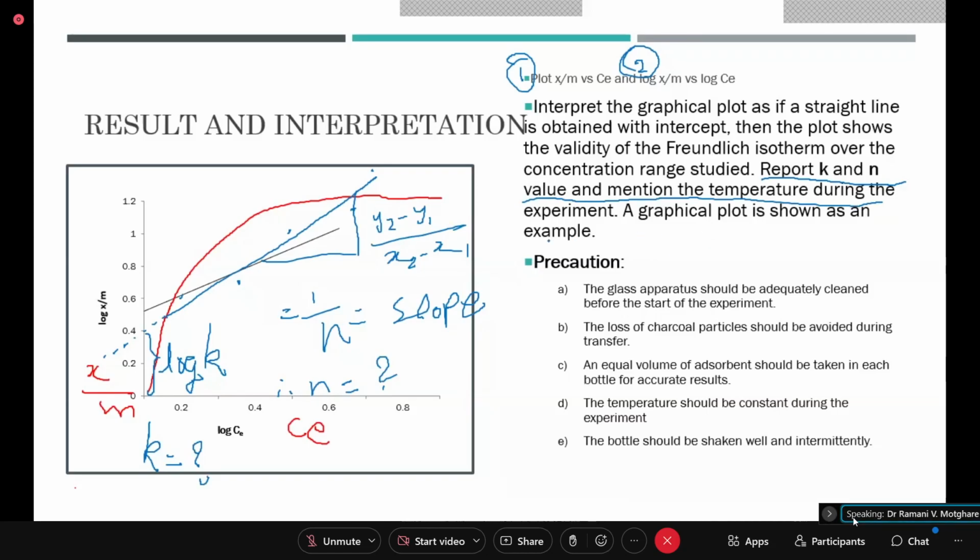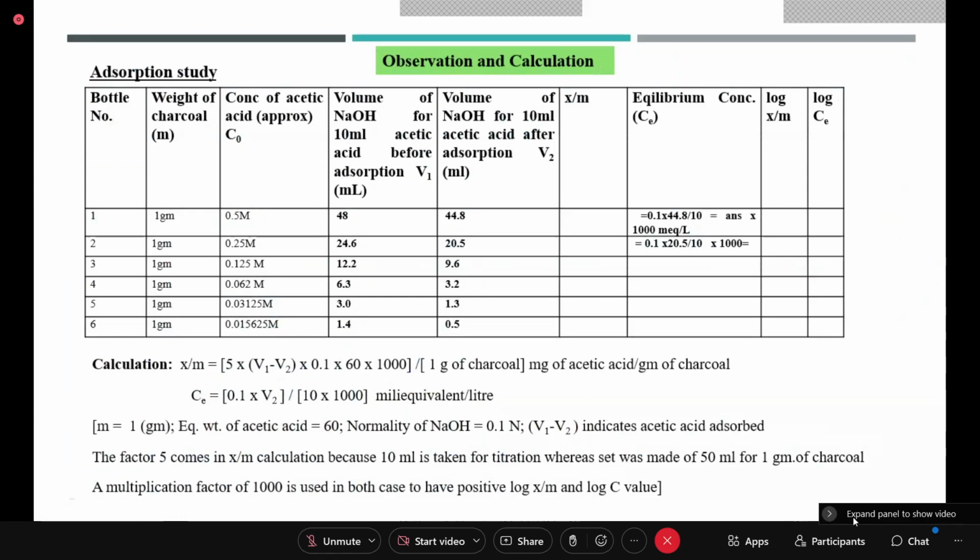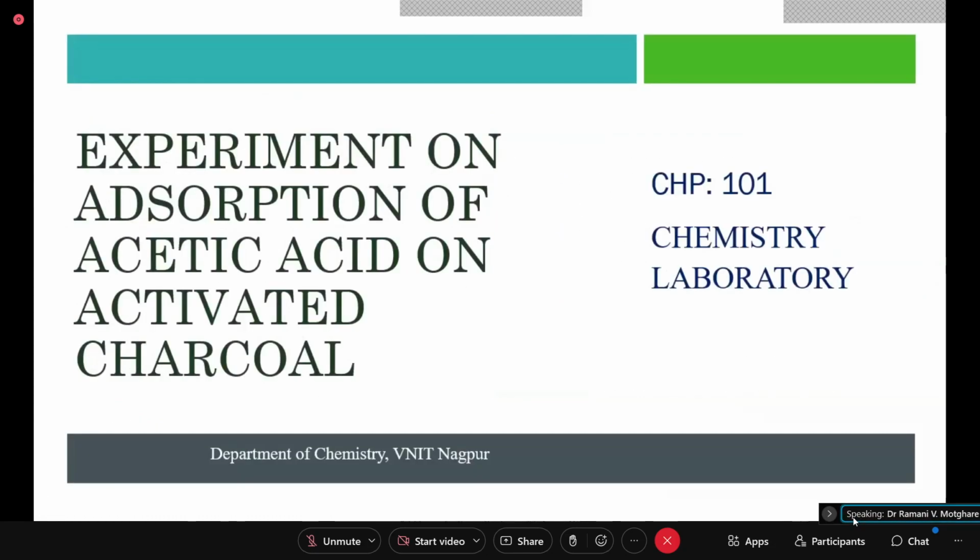The values of constants K and N were found to be dash and dash. Okay, so this is how you will report your result. Things are clear? No more slide is there. Okay. So this is all regarding the adsorption isotherm, Freundlich adsorption isotherm.